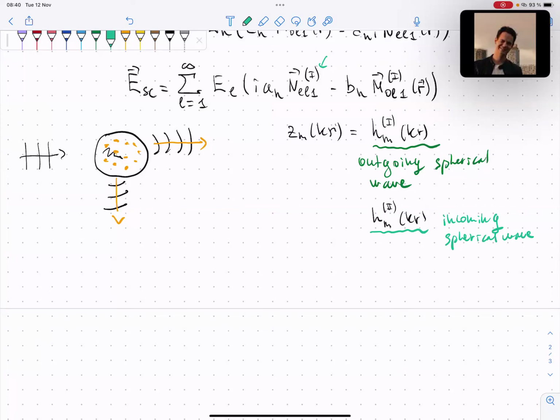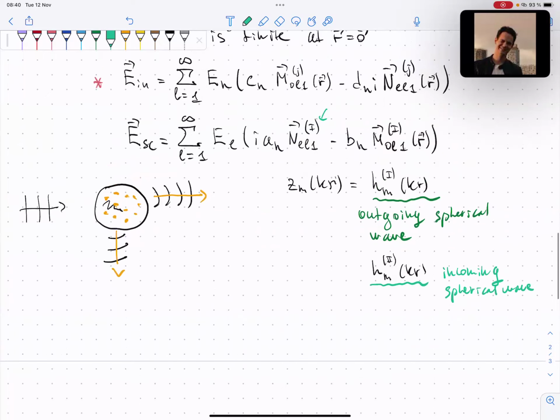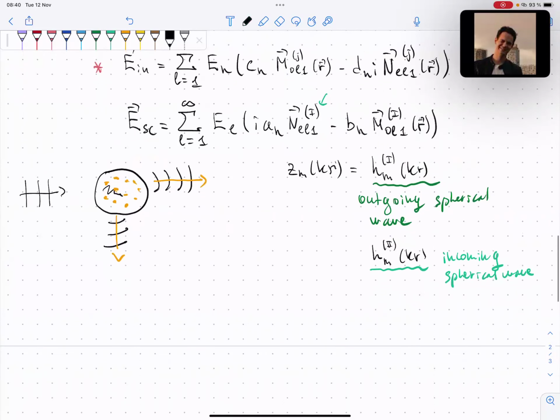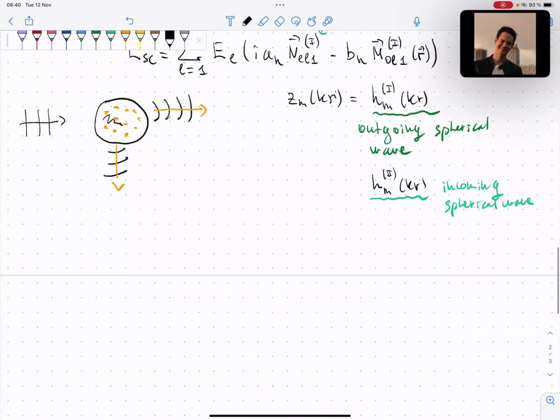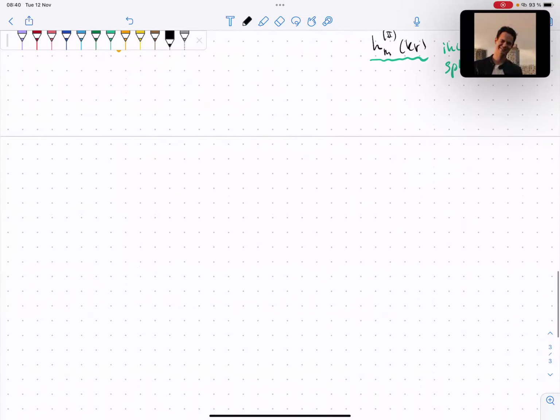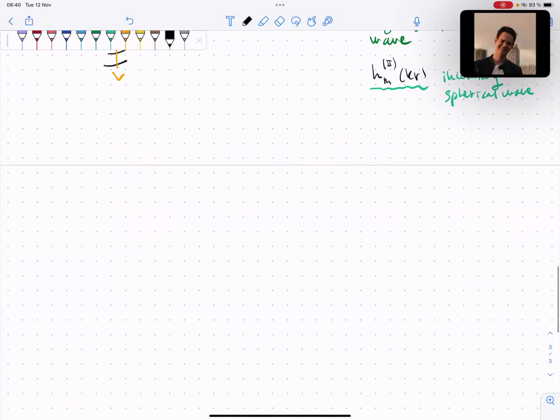So what's next? We have our electric field, and just a small task for you. We know that in the harmonic case, the electric field and magnetic field are connected like this.